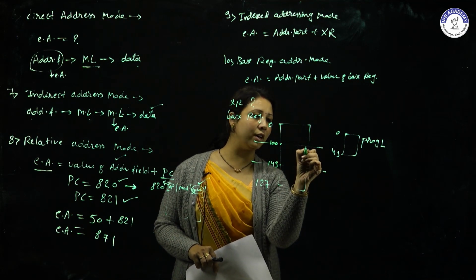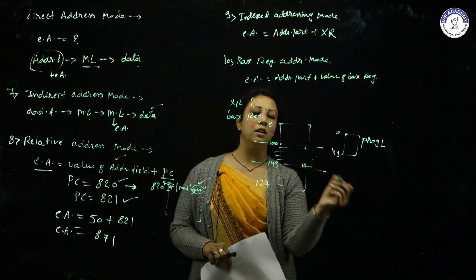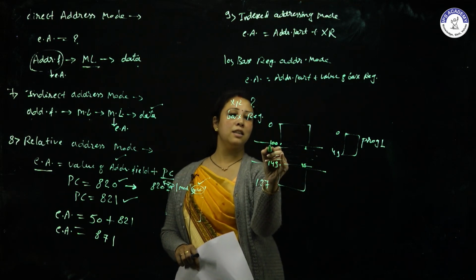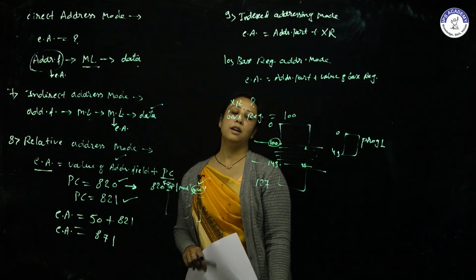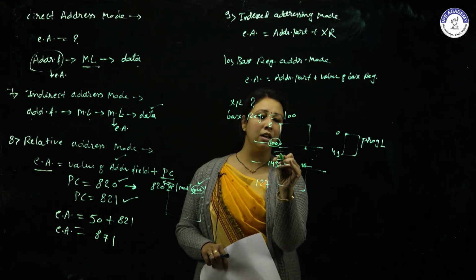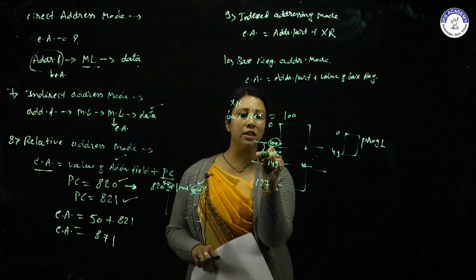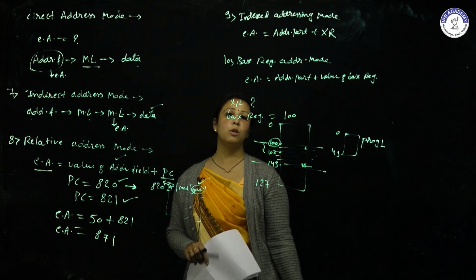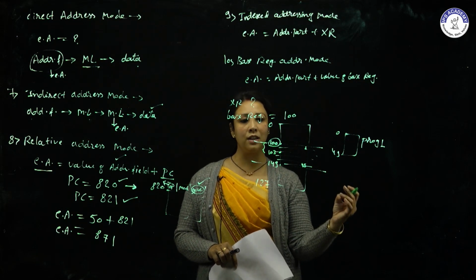So the base address is 100, and the base register contains the value 100. Suppose the data on which we have to perform the operation is stored at location 103. The difference between 100 and 103 is 4: 100, 101, 102 and 103.